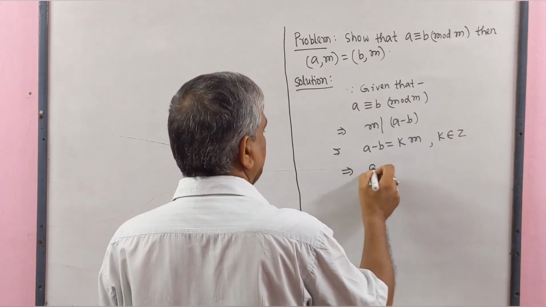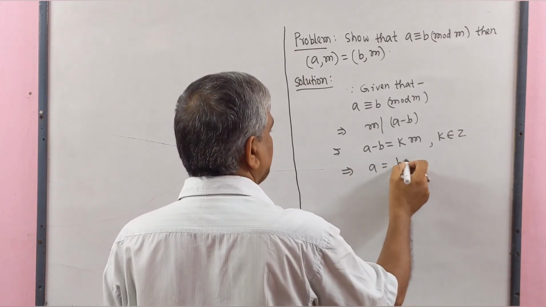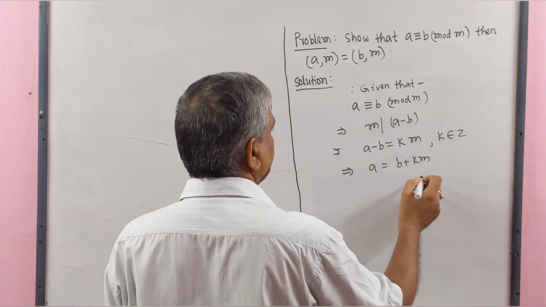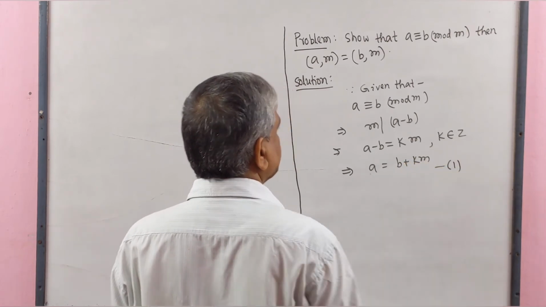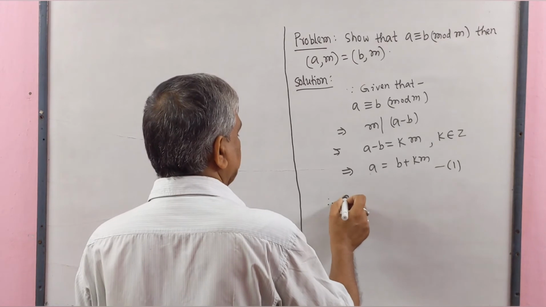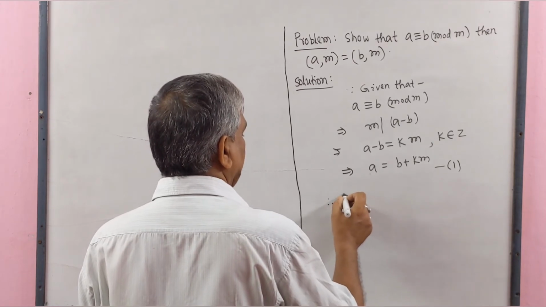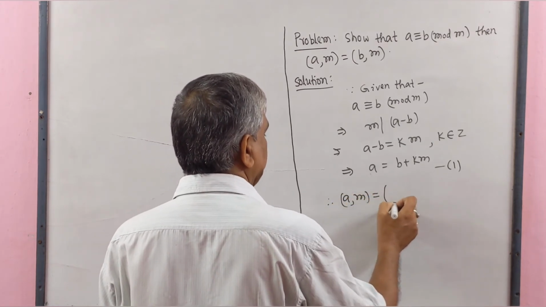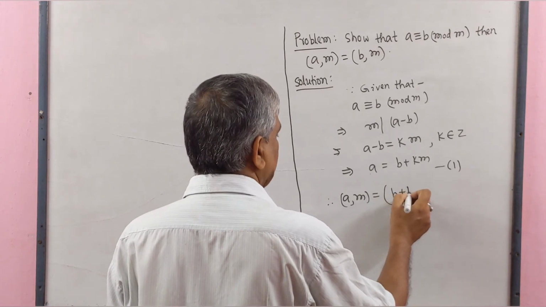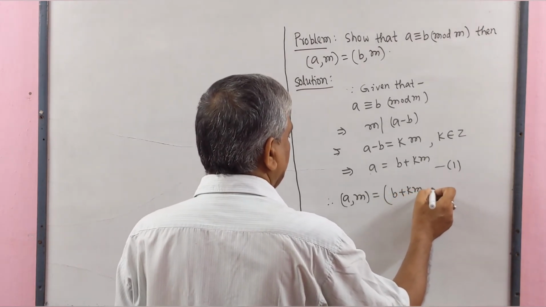Implies that a equals b plus km. This is number 1. Therefore, the GCD of a and m equals the GCD of b plus km and m.